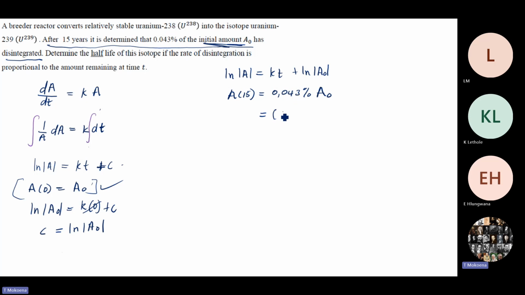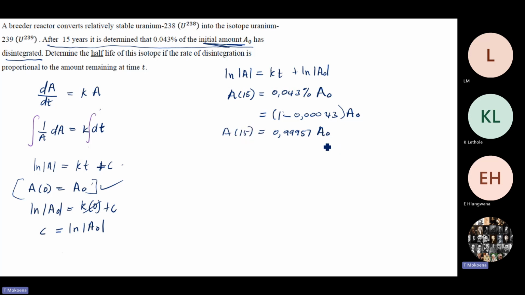So I'm just going to punch 1 subtract 0.00043 multiplied by A sub naught. And therefore, this will give me how much? It will give me 0.99957 times A sub naught. I hope that logic that I did over there managed to help you.